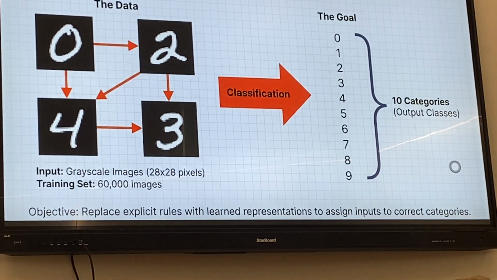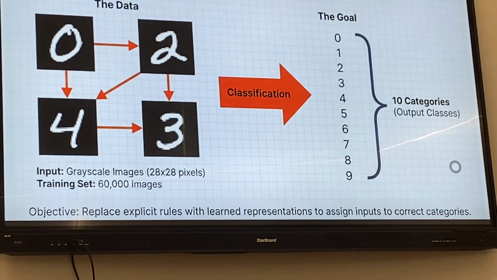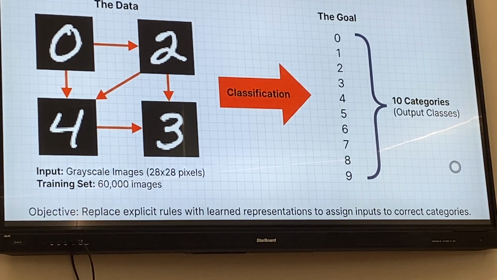Now, a little technical detail, and this has to do with the features. The inputs are grayscale images, 28 by 28 pixels, and the training set here is 60,000 images. What does 28 by 28 mean? Images have two dimensions, right? There are dots or little cells within that image that store some information.